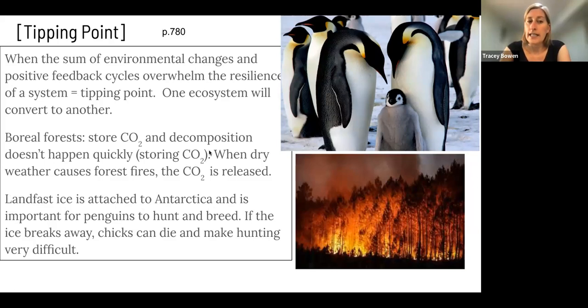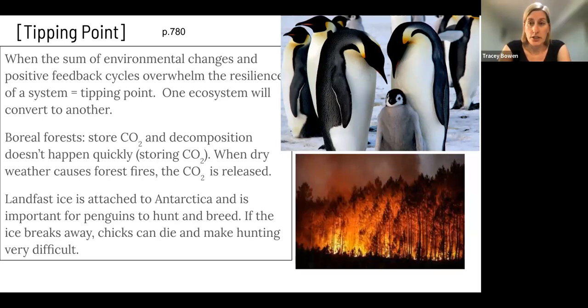Land-fast ice is ice that is attached to Antarctica, and it's important for penguins to hunt and breed. If the ice breaks away, chicks can die because the ice actually shears off and falls in the ocean. And as a result, the eggs might just tip over into the ocean.